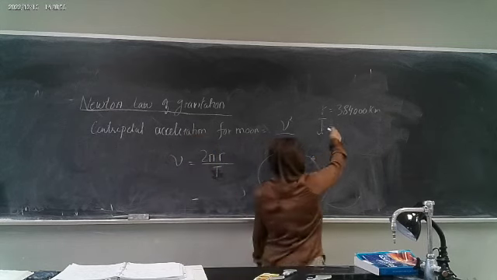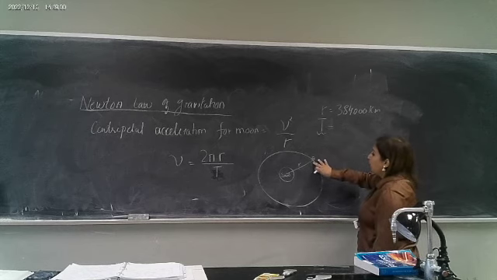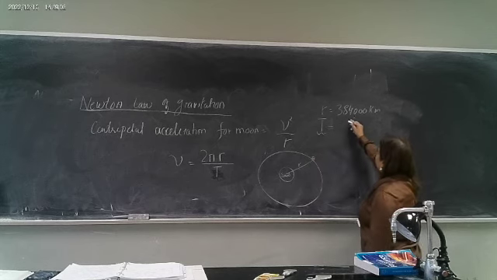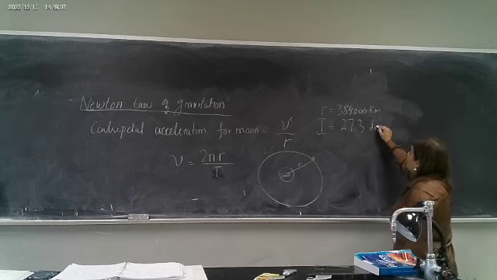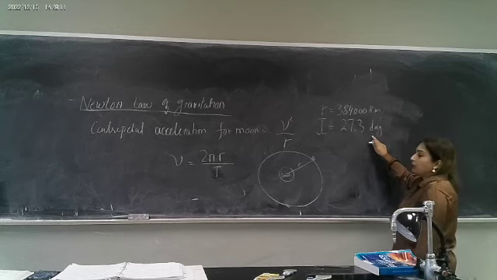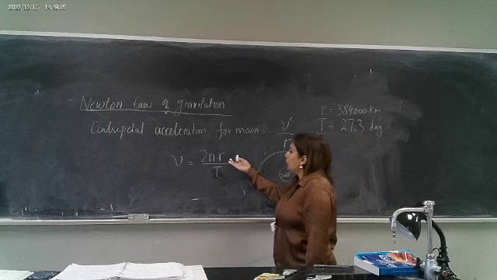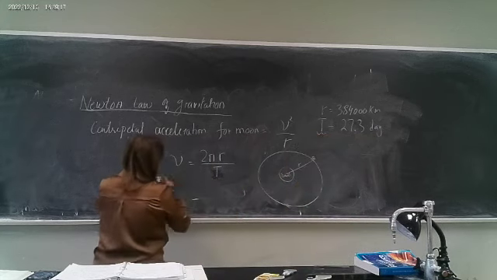So this is the time period for the moon to complete one rotation, and it is 27.3 days. Now this number is given in days, so we can convert it to seconds in order to find the orbital speed.